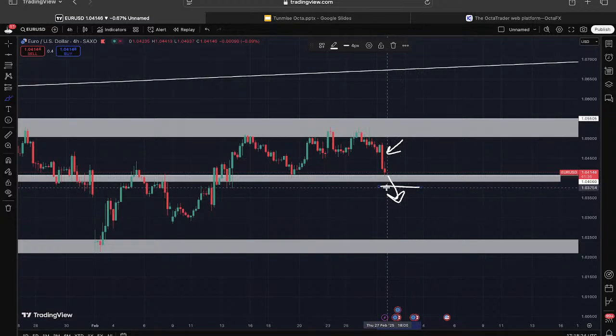So we would set a sell order so that when price comes here, a sell is triggered. And definitely we know that if a breakout occurs here, price has a higher probability of hitting the next support zone.